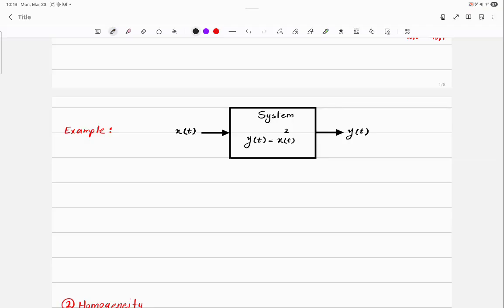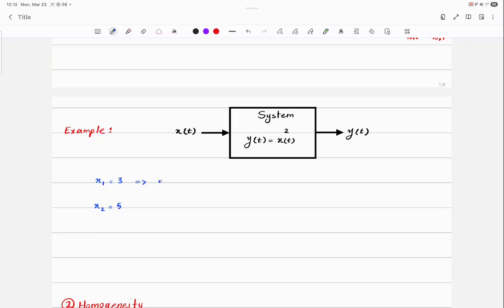Now, let's again do this. Let's consider X1 as, use blue. Let's consider X1 to be 3. I don't care about the units, okay? This is a general system. And X2 equal to 5.